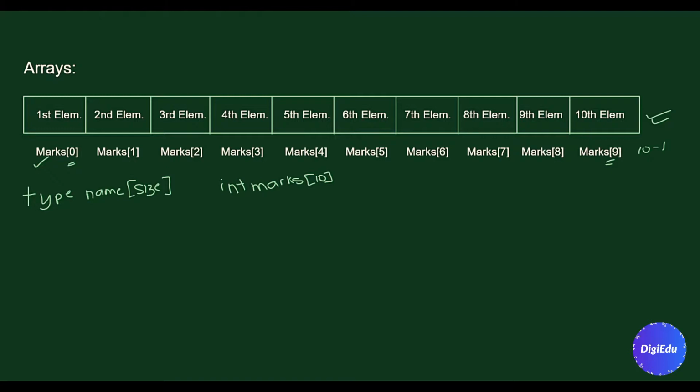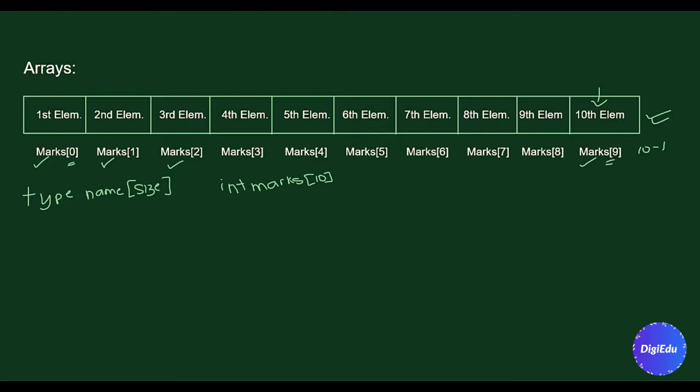If you want to store a value in the second index, then you need to mention marks[1]. If you want to store a value in the third block of memory, then you need to mention marks[2], and so forth. If you want to store the value in the last block of memory, then you need to mention marks[9]. So this is the general way of putting a value inside an array.